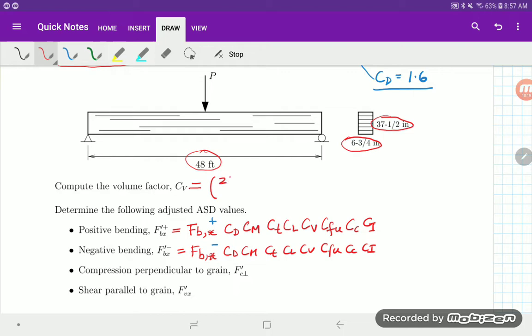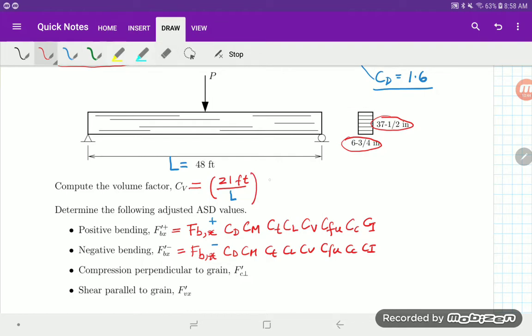It's a function of the length, and the length that we'll be using is the length of the beam. So here for us, the length is 48 feet.